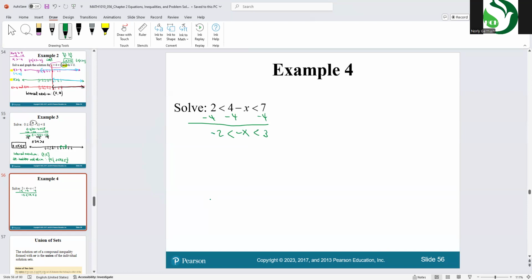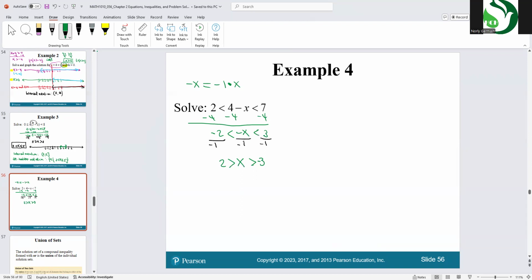Because we have negative x, remember, negative x is the same thing as saying negative 1 times x. So if I divide everywhere by negative 1, negative over negative gives you positive, but the inequality sign will change. So we switch the inequality symbols.